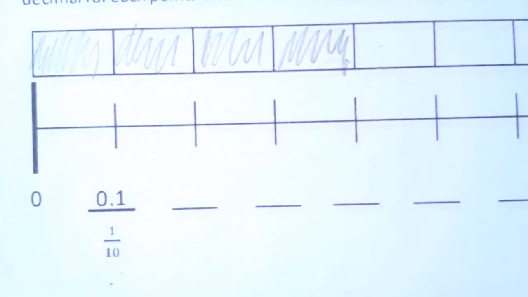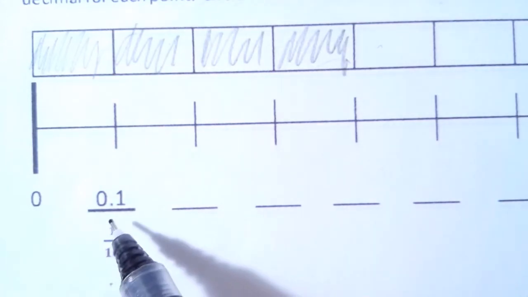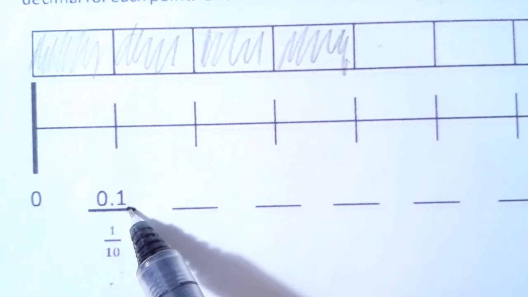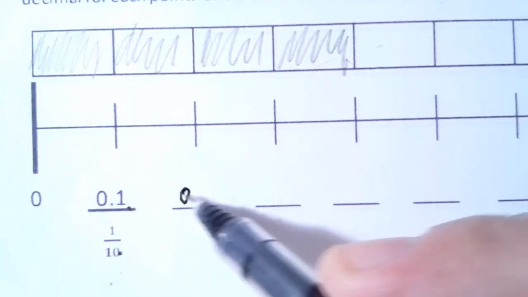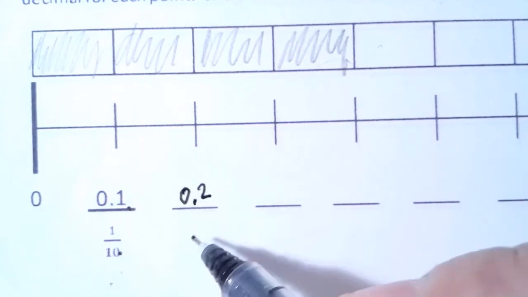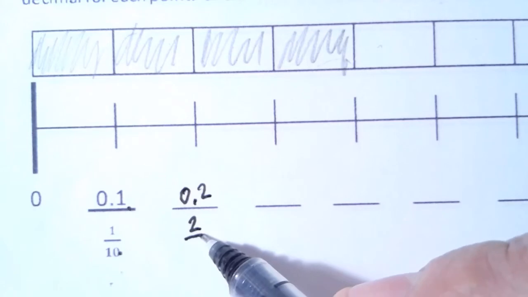All right. Okay, and so what we want you to know, or what we want you to practice, is whenever we say 0.1, that means 1/10. That is 1/10 on that place value chart, that first number after the decimal point. That is tenths. And in this case, the first one here is 1/10. So what is the second one? 0.2 or 2/10.